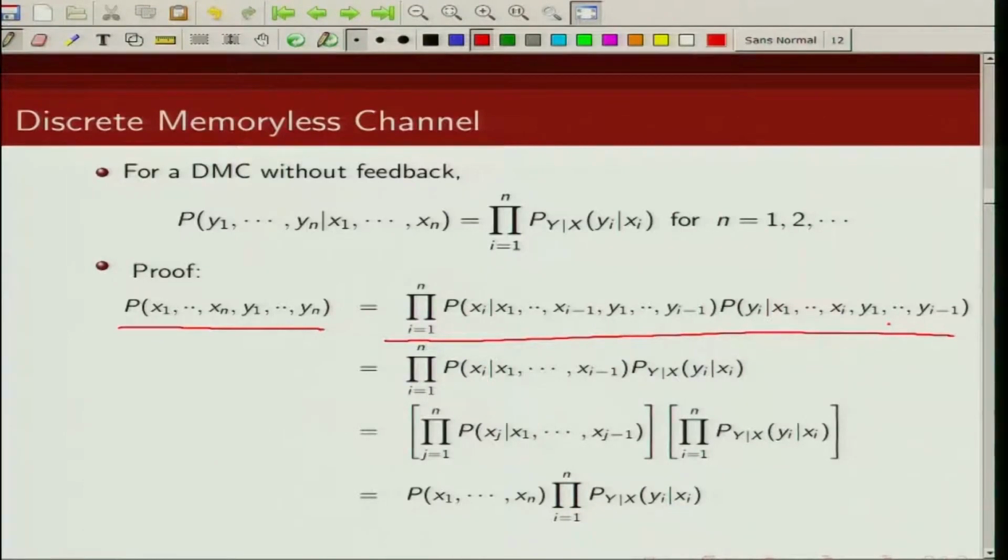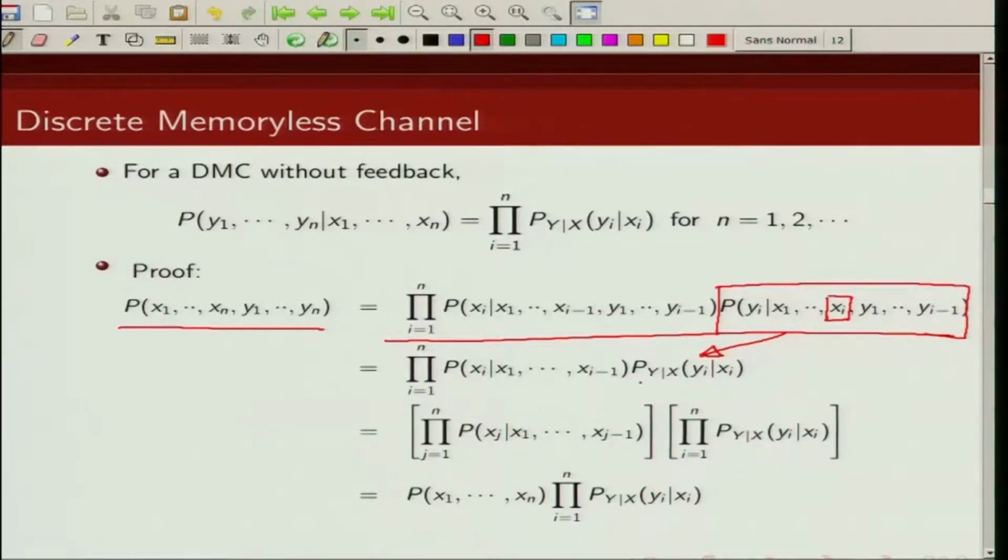Now, because it is a memoryless channel, this term is equal to this. The probability of y_i given x_1, x_2, ..., x_i and y_1, y_2, ..., y_{i-1} only depends on the present value of the input.